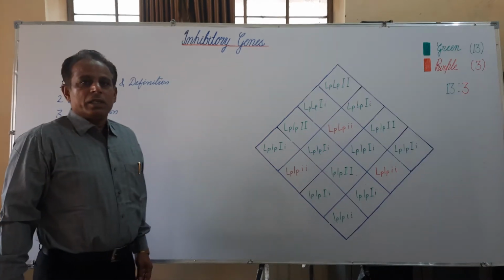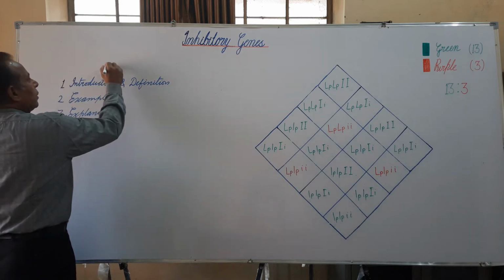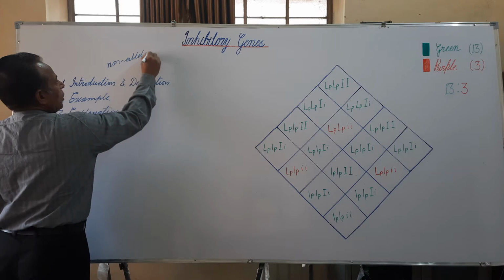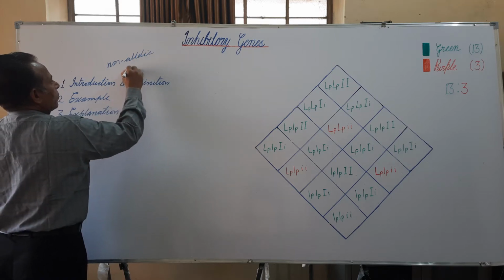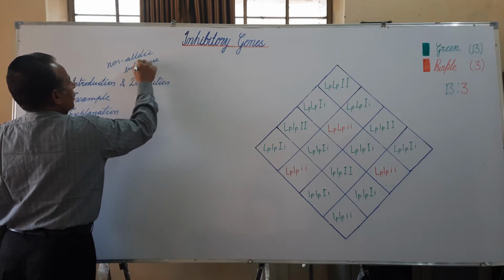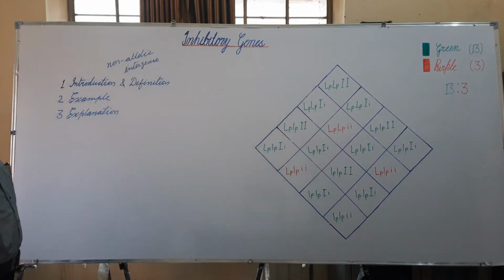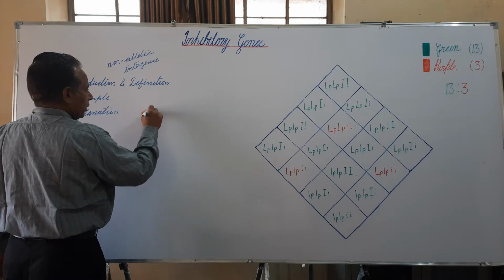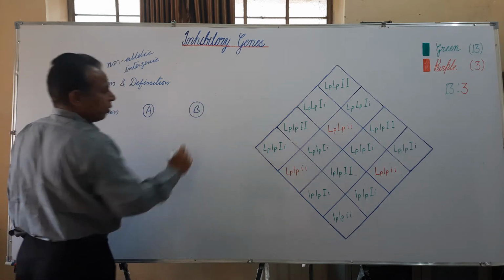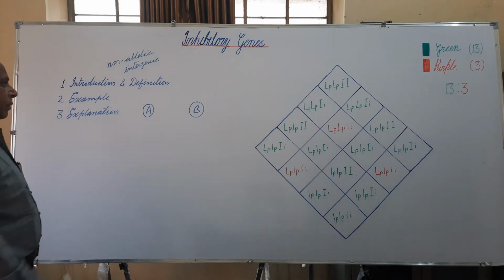Inhibitory gene is a type of non-allelic or intergenic gene interaction. Suppose A and B are two non-allelic dominant genes.